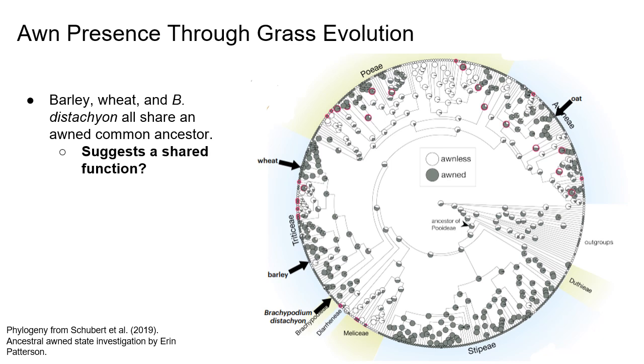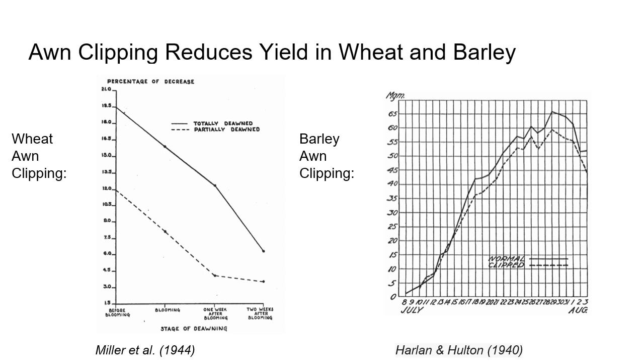This is excellent work done by Aaron Patterson in the Bartlett lab, and I have one main takeaway for my project, which is that the closely related barley, wheat, and Brachypodium distachyon share a likely awned common ancestor, which suggests a shared function between the awns in these species. And I'm getting ahead of myself here, but this also suggests a possible homology between the genes that control awn development.